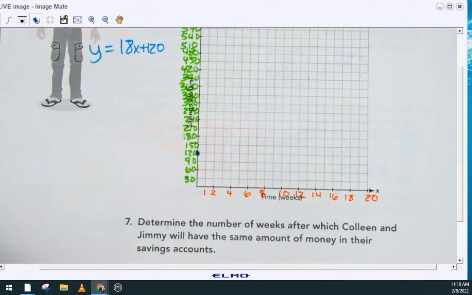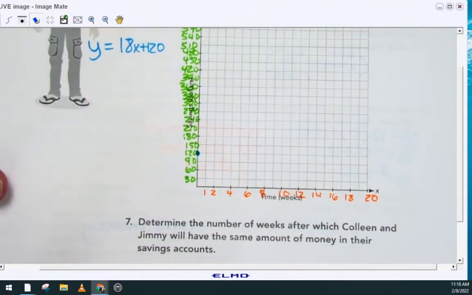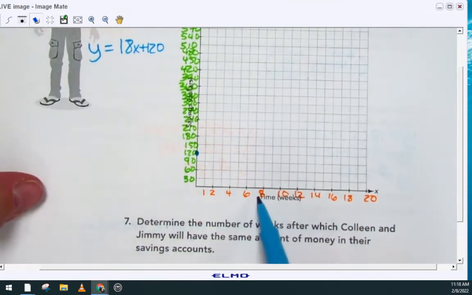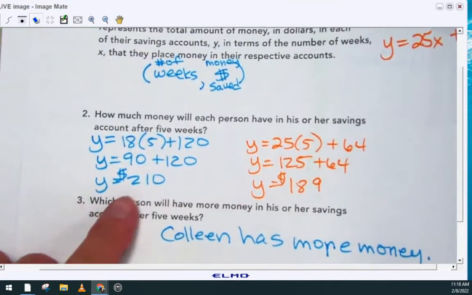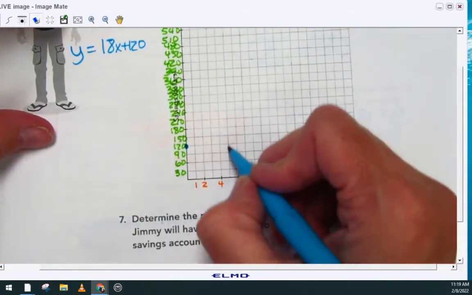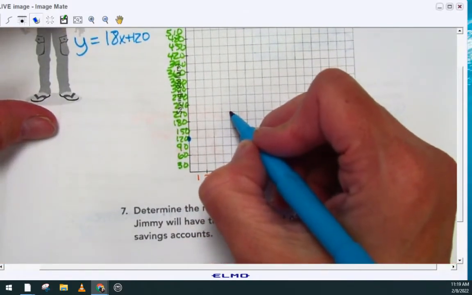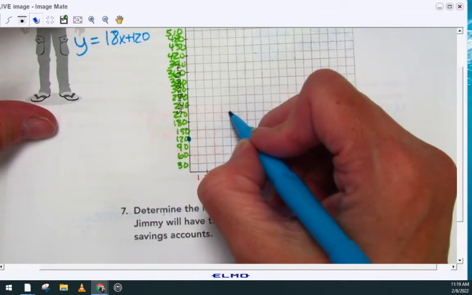But don't we know from the other side of this sheet of paper, didn't we do 5 weeks? So 5 weeks for her was 210. So I'm going to do 5, 210. And then we know for 18, it's 444.